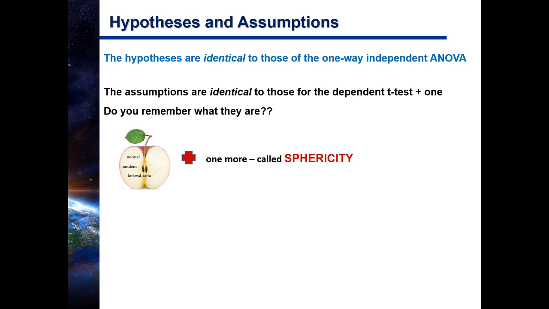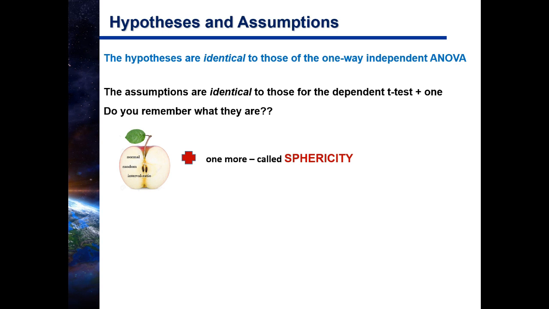You want that. And so you're going to test for sphericity using, do you remember? Mauchly's test. And do we want Mauchly's test to be significant? No, because we never want a test for assumptions to be significant.